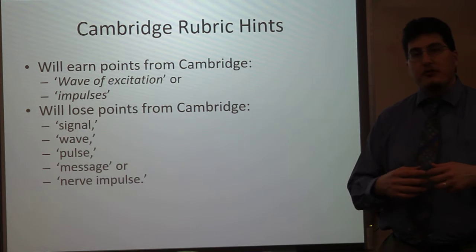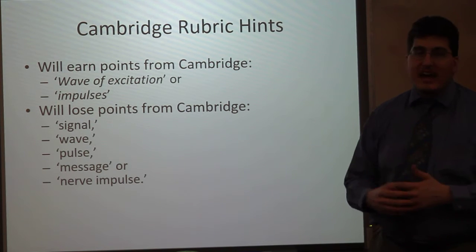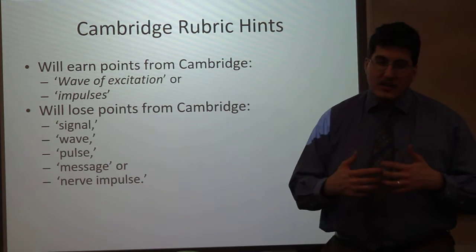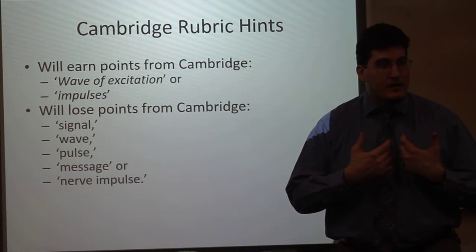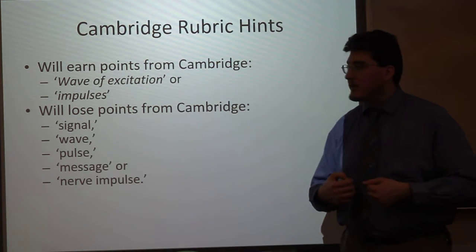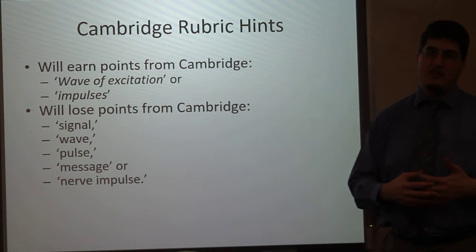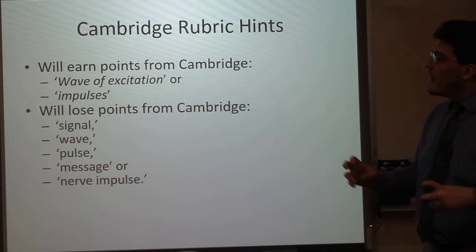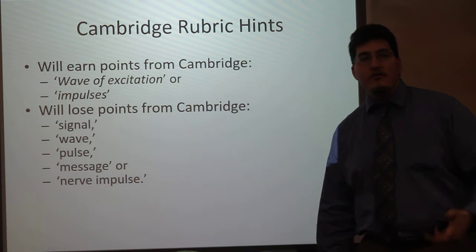Now, here are some hints about what Cambridge expects from you in terms of usage of language. Cambridge wants you to use the phrases wave of excitation or impulses. You won't get points for using these phrases: signal, wave, pulse, message, or nerve impulse.